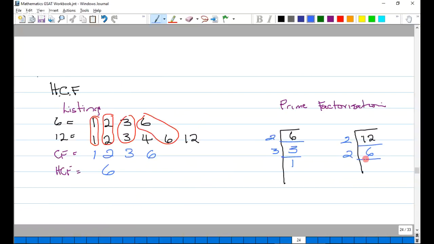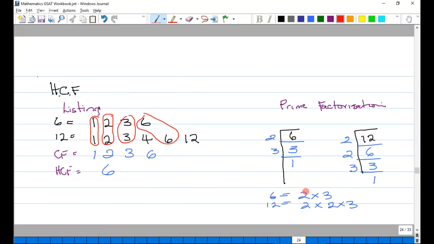Use 2 again. 2 into 6, 3 times. And next prime. Okay. So let's look at them now. So 2 times 3, that's for the 6. And for the 12, it would be 2 times 2 times 3.